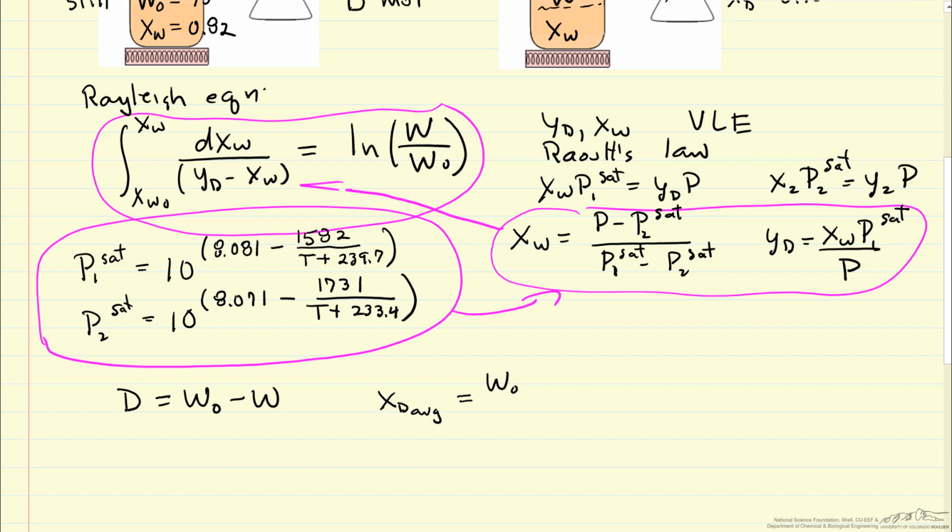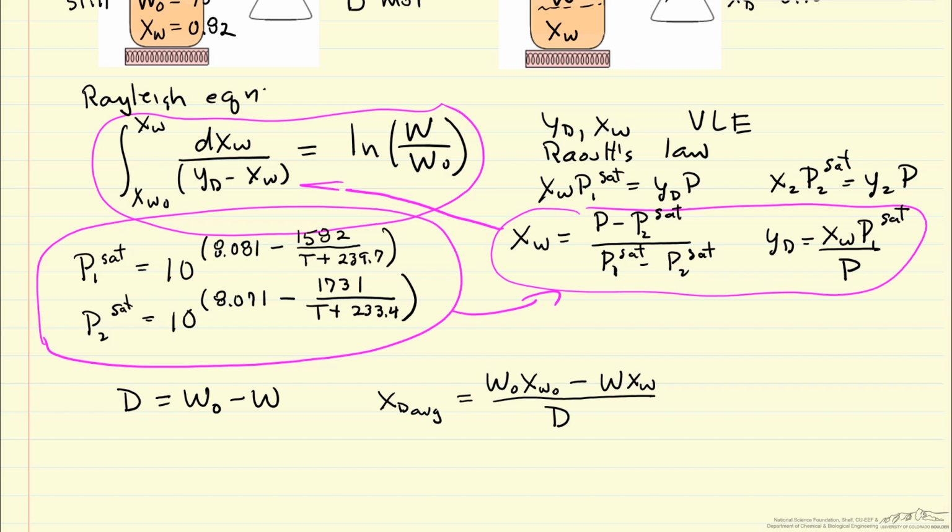And that's equal to how many moles we start with in the still, so the moles times the mole fraction, how many moles of methanol we start with, minus how many moles of methanol we end up with, total number of moles times the mole fraction, divided by this value D, number of moles of distillate.